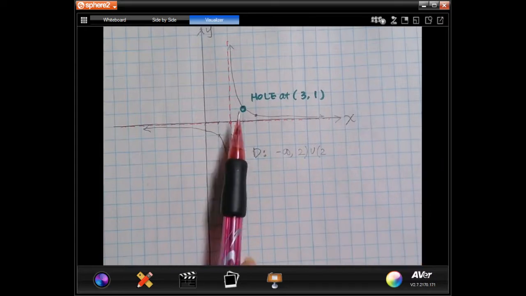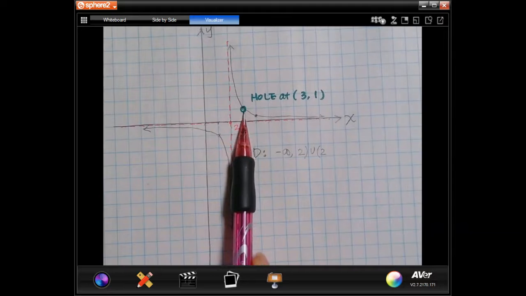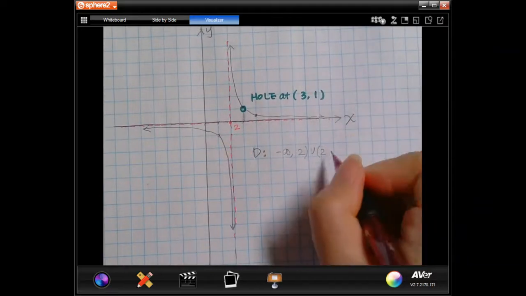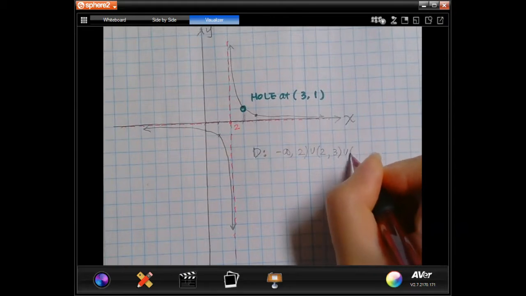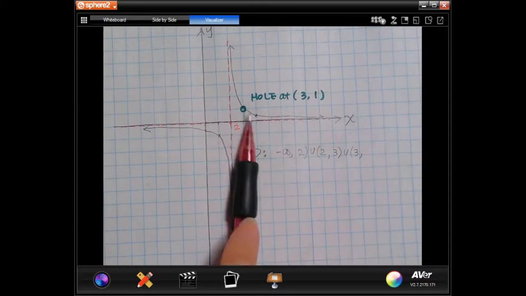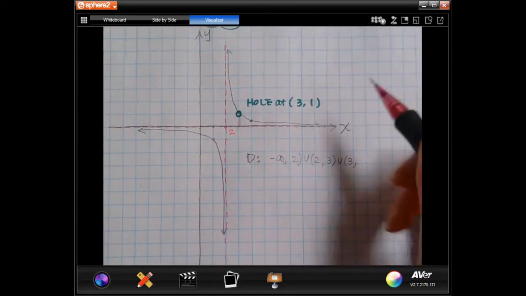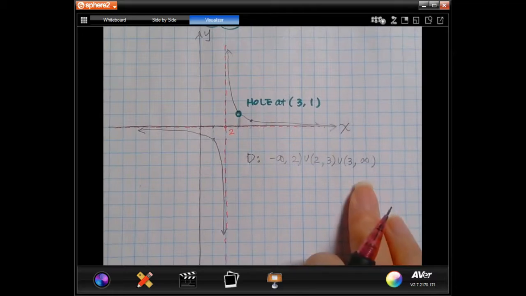Then after 2, it's continuous up to 3, so now I have to make another discontinuity at 3. And after 3, there's no discontinuity happening again, so it can go up to positive infinity forever.